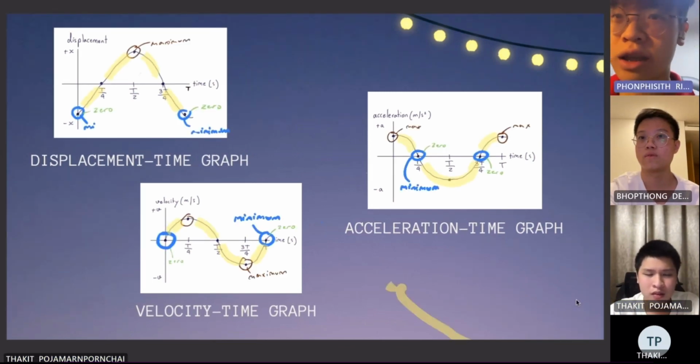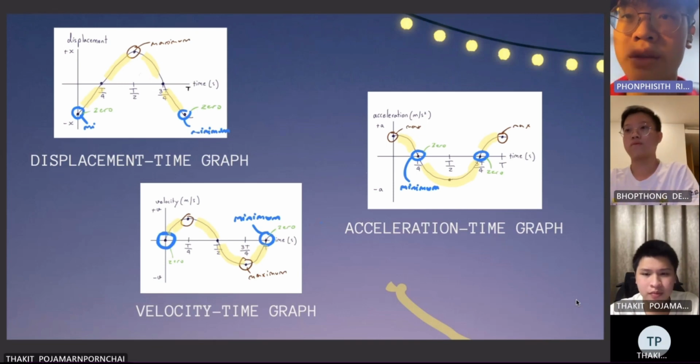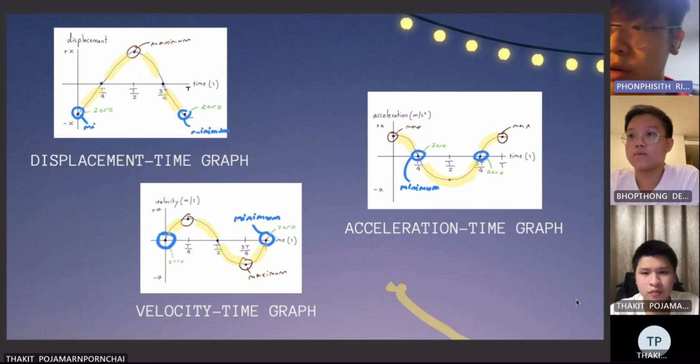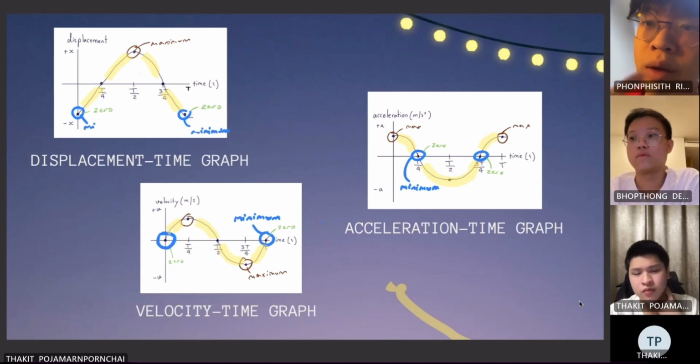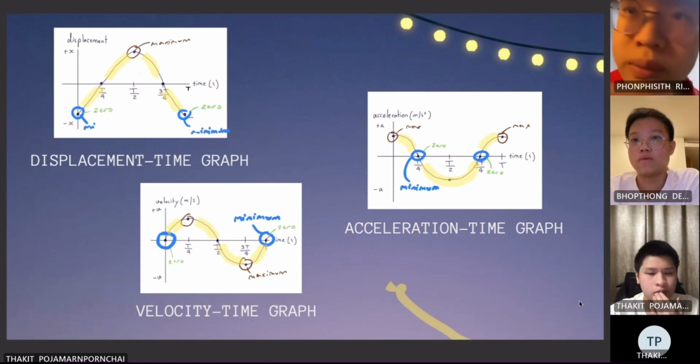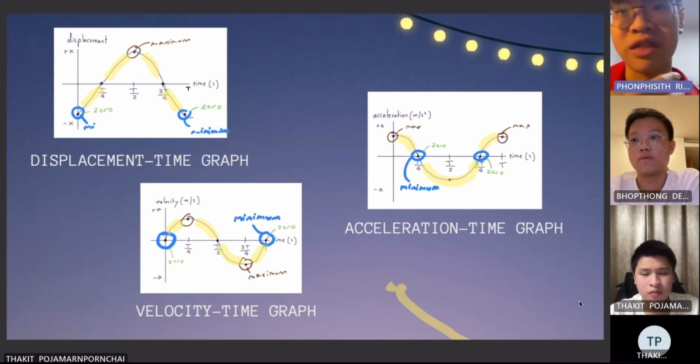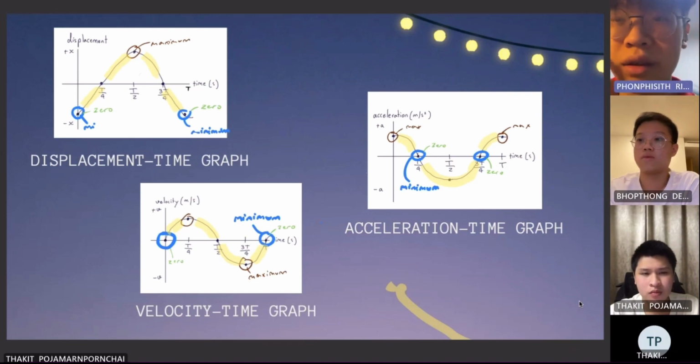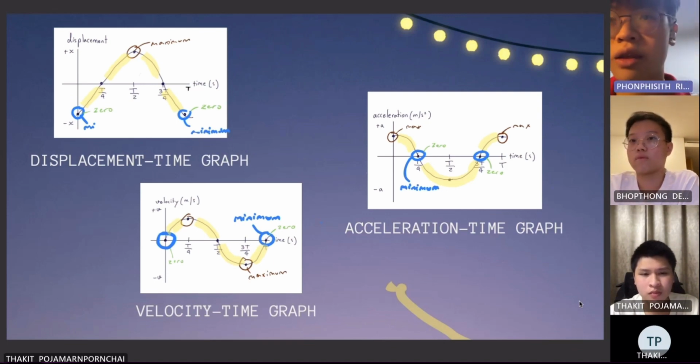I have also sketched the minimum point, the maximum point, and the zero where it equals 0. As you can see right here, 0 is just a line like this. That's the starting point. Next, T over 4 is when it reaches the middle point.